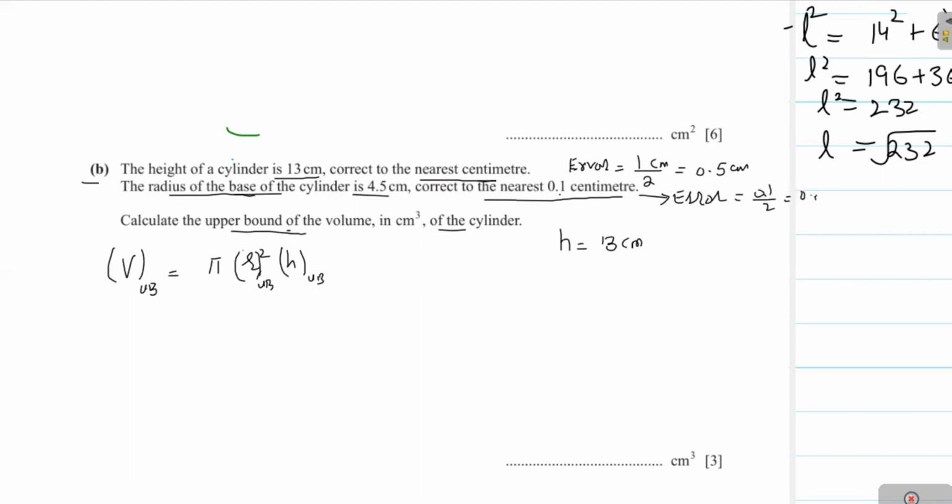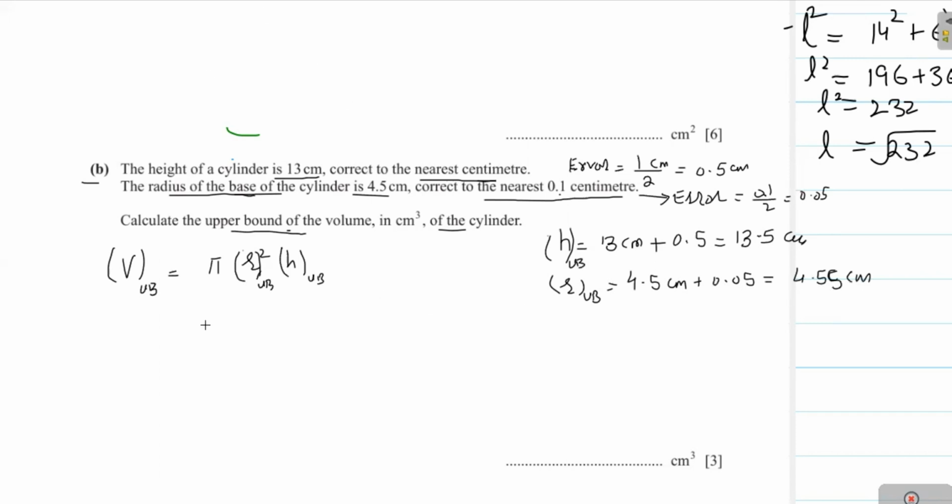This will be equal to 0.05. The height of upper bound value will be equal to 13 plus error. Error is 0.5. This will be equal to 13.5 centimeter. And the upper bound radius will be equal to radius here is 4.5 centimeter plus error. Error is given here is 0.05. Therefore, 4.55 centimeter is the upper bound value.